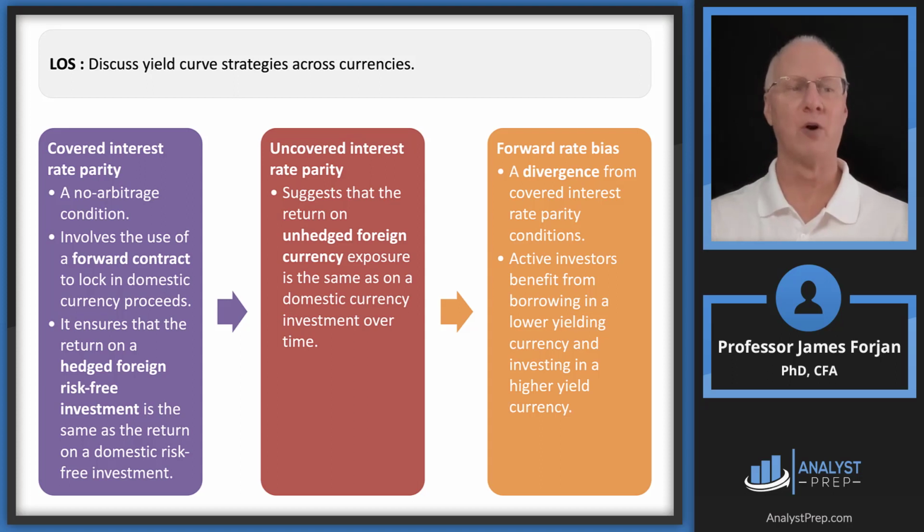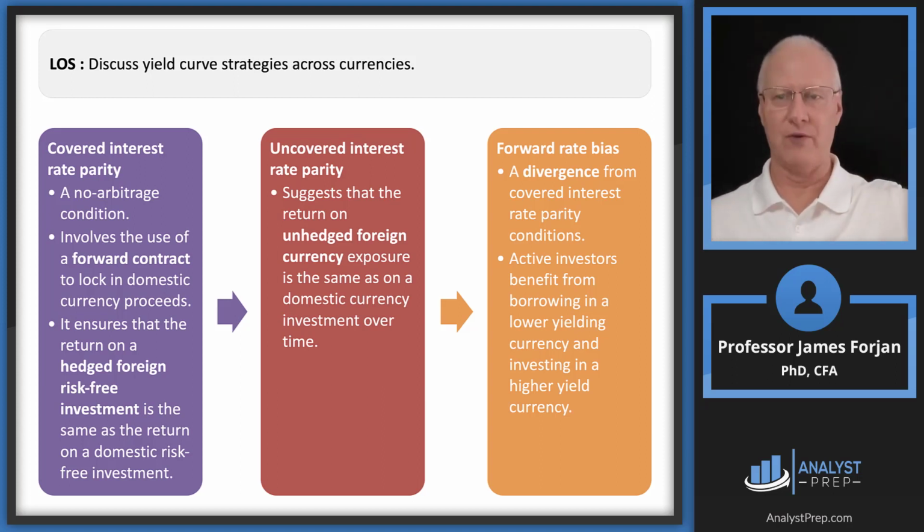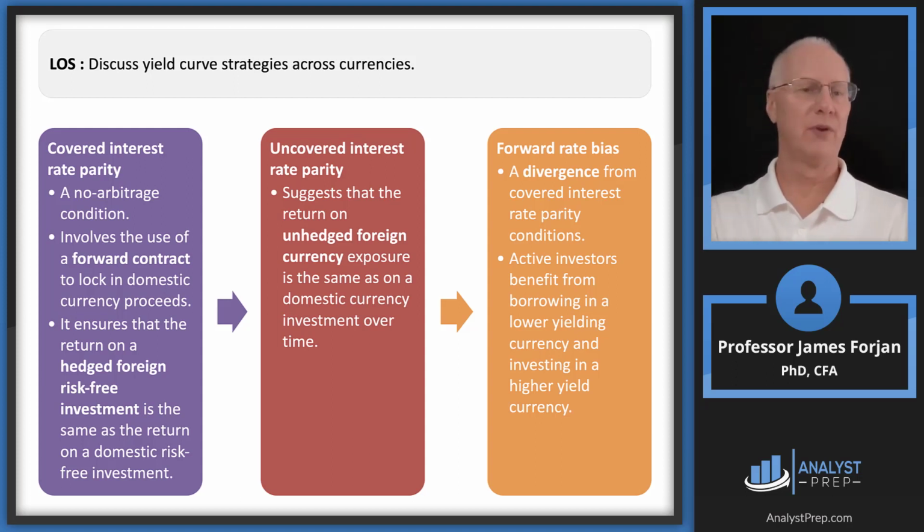It depends on what the forward rate is. So look at the purple box, the third bullet point. It ensures that the return on a hedged position, because we have the forward contract, on that hedged foreign risk-free investment is the same as whatever it was here in the United States. So when I said maybe we'll get 106 or 108 or maybe even 112, it depends on what the risk-free rate of interest is in the United States.